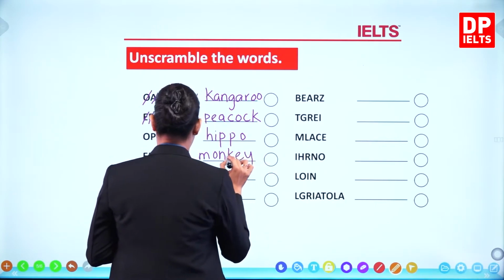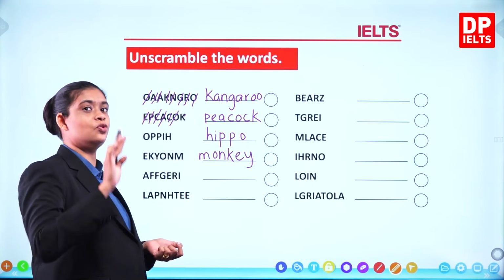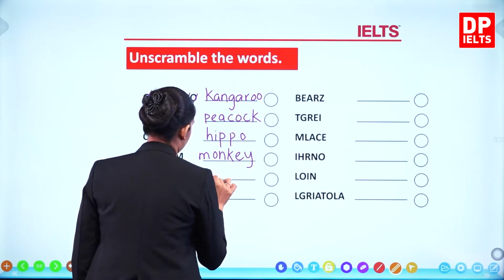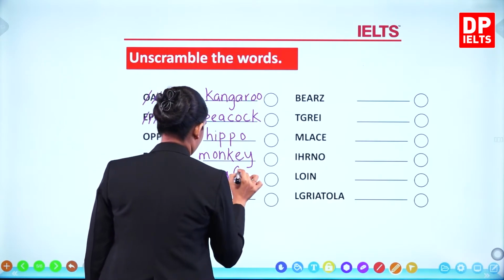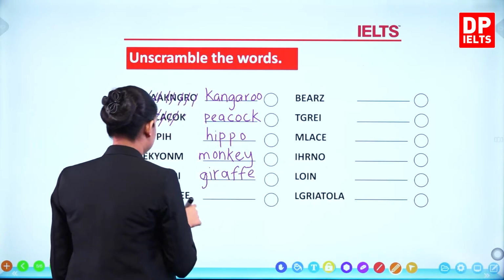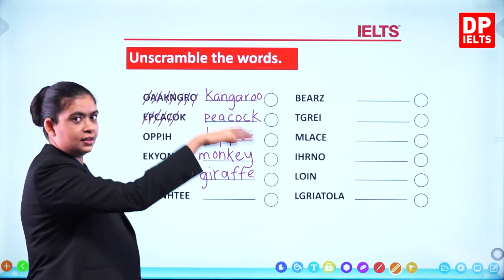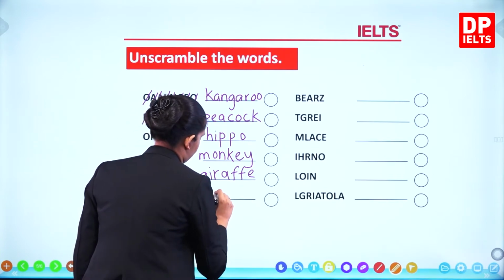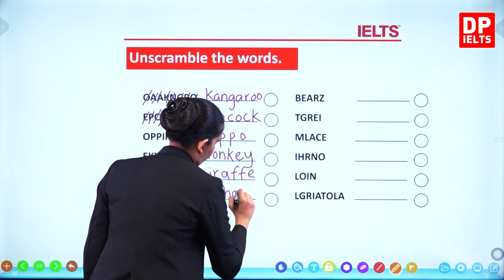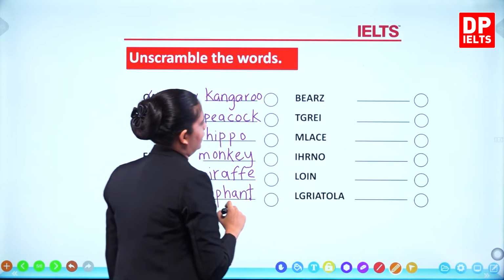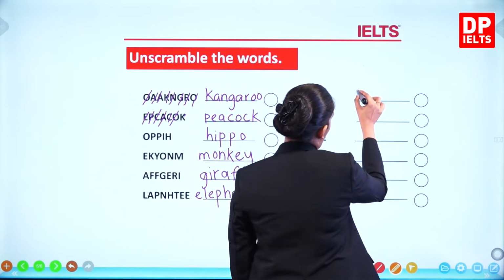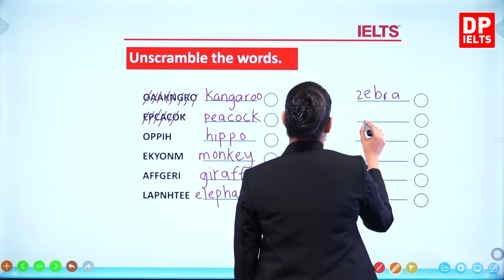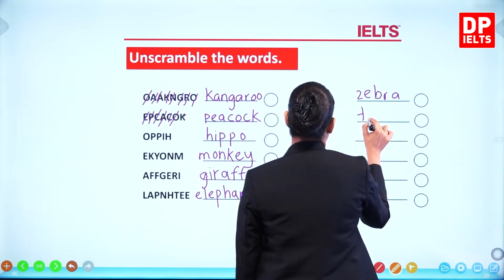Monkey. Next, we have a very tall animal. Who is that? Giraffe. Next, it's got a trunk up and down. Elephant. Next, we have zebra. Next, we have tiger.